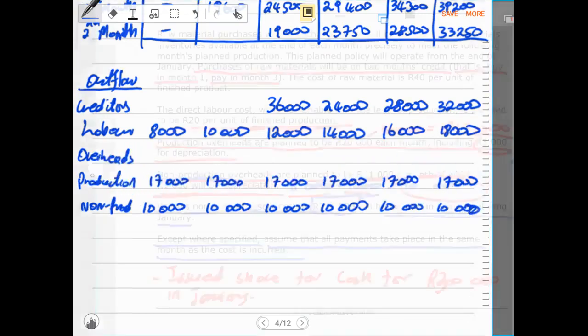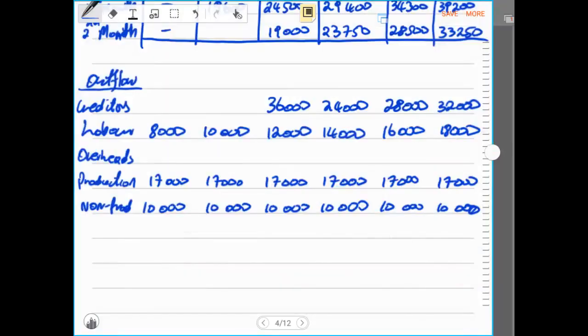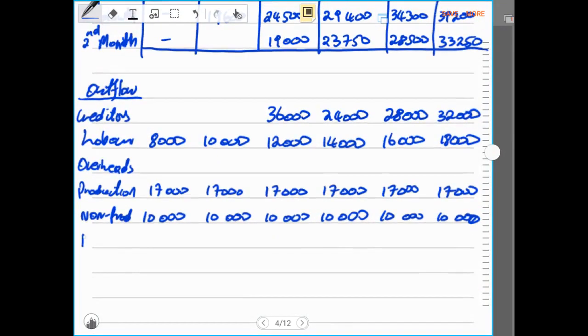The last one was the purchase of the fixed assets, at the cost of 250,000 rands, in the month of January. So we record the fixed asset of 250,000 only in January.